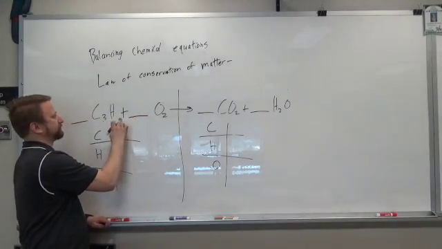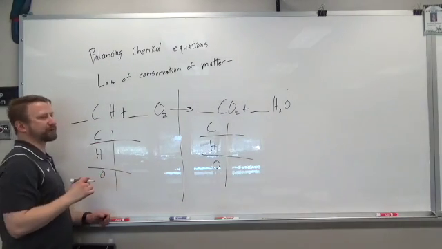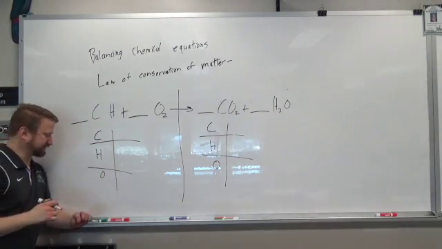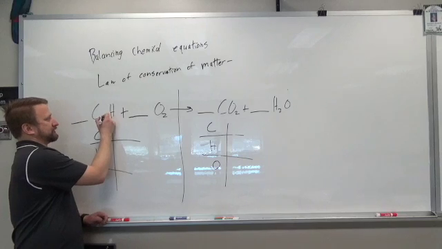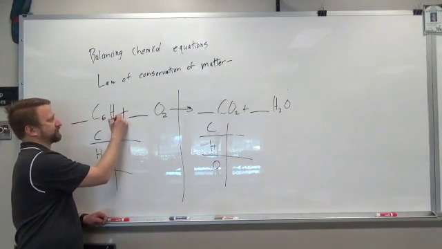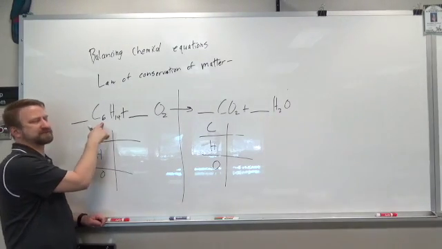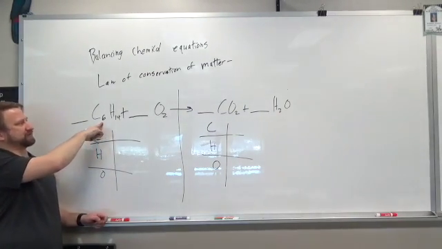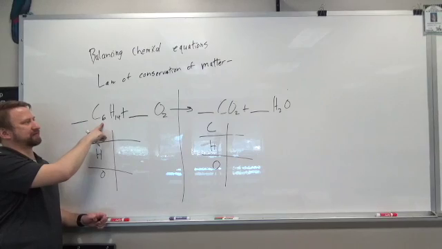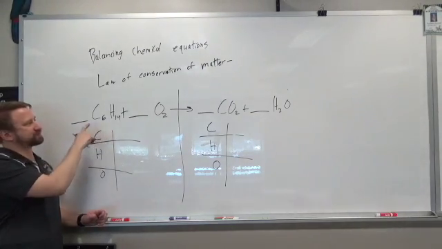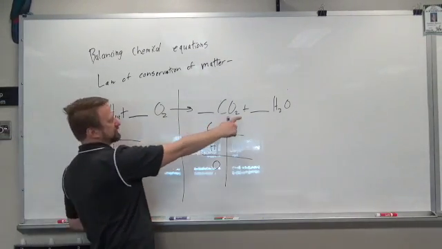I'm still going to burn something. I'm going to take C6 and 14. This is gasoline. This is hexane. So we have gasoline. We're going to burn it with oxygen, get CO2 and water.